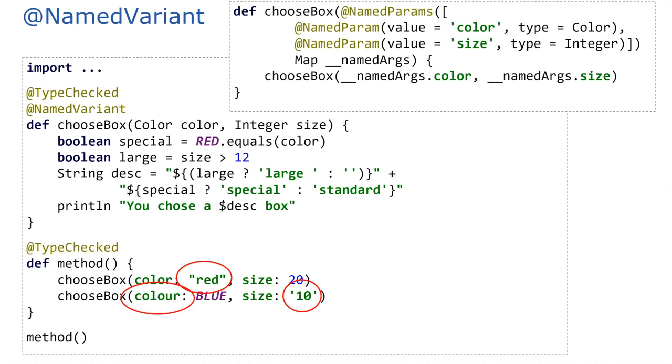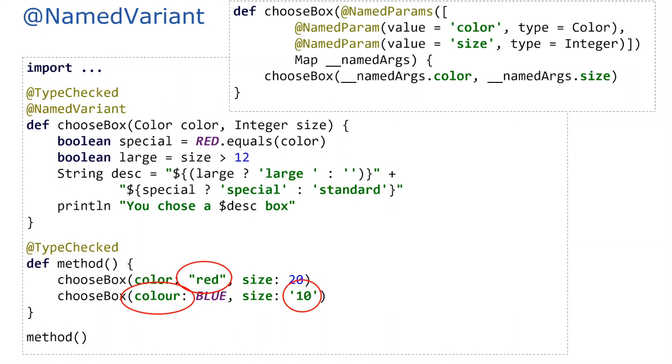And I could actually use the visibility options, and I could make the tuple version of ChooseBox private if I wanted to. So I can actually make it look like I did a map version. But as the writer of that method, everything's type checked. Also, what you'll notice, some meta information is actually being stored as part of the new generated method.